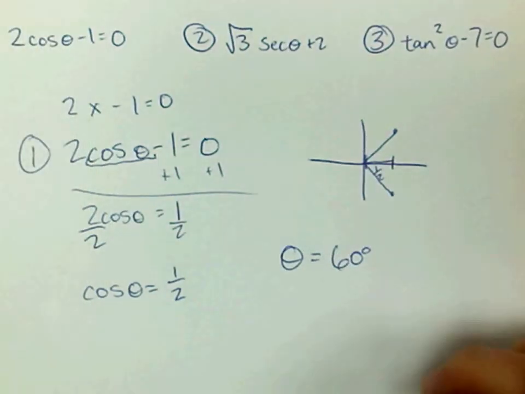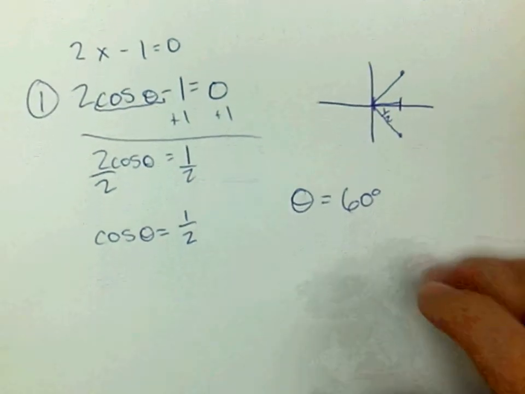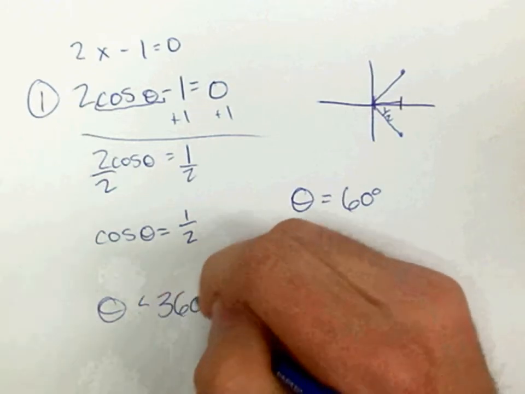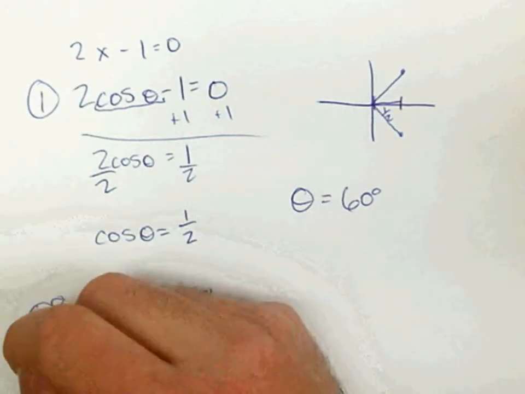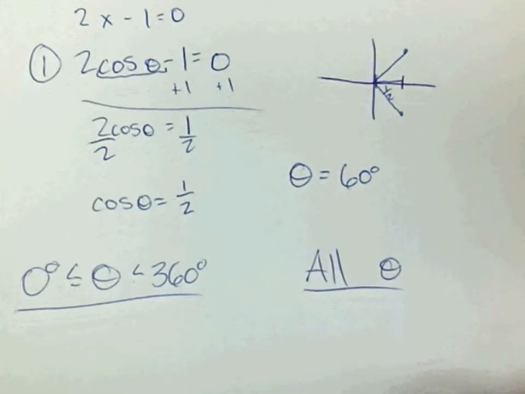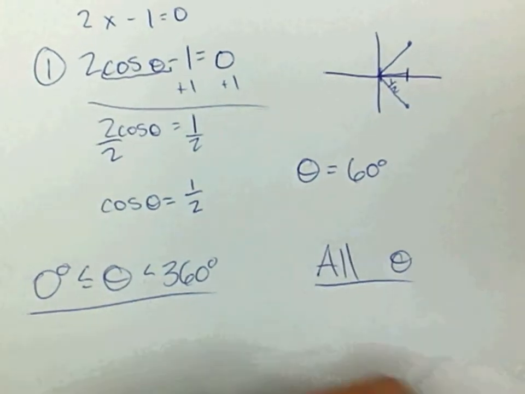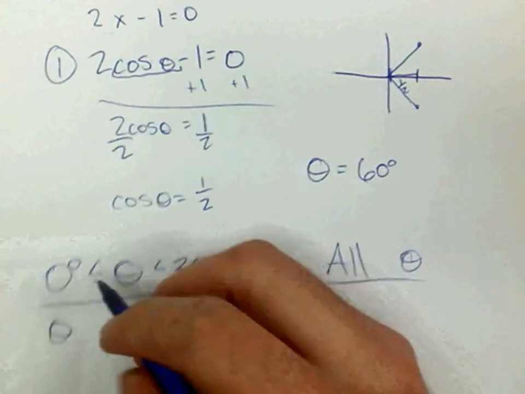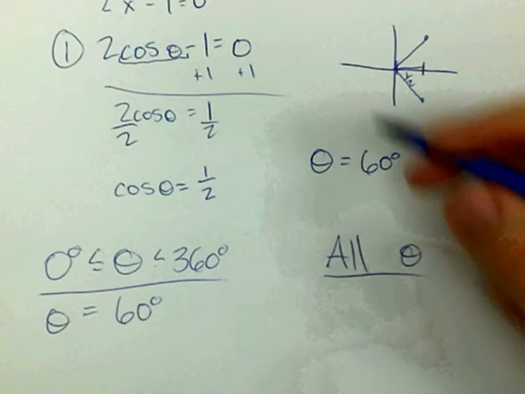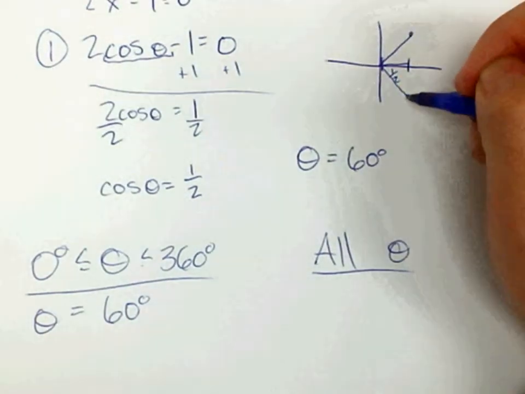Now the way we solve these problems is, of course, still dependent upon whether I want theta between 0 and 360 degrees, or if I want all values of theta. And hopefully you've figured out the difference by now. If we're solving for one revolution between 0 and 360 degrees, then obviously 60 is one of them. And then the other one is going to have to be down here.